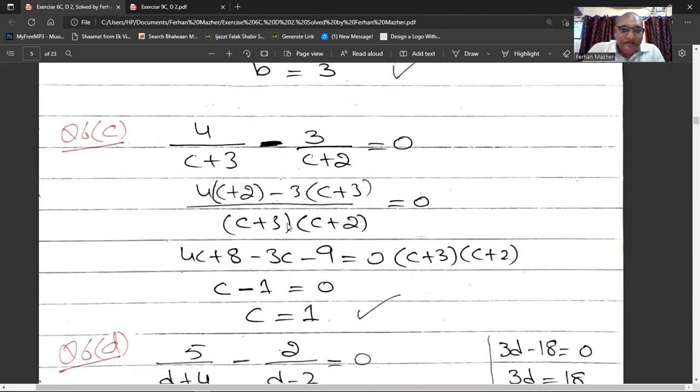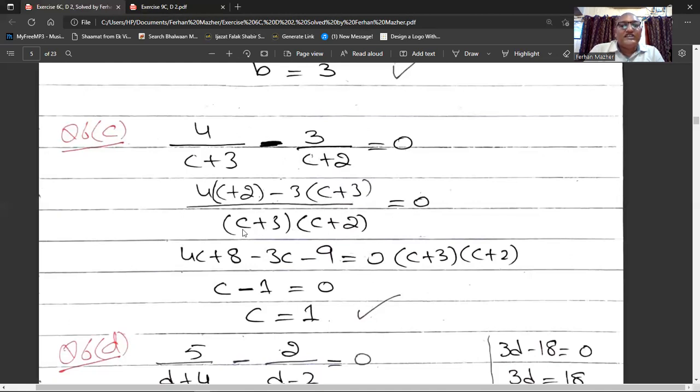In the same way, dividing the LCM with this denominator, c plus 2 is cancelled, so you are left with c plus 3, which multiplies with the numerator: minus 3 bracket c plus 3 bracket close equals 0.